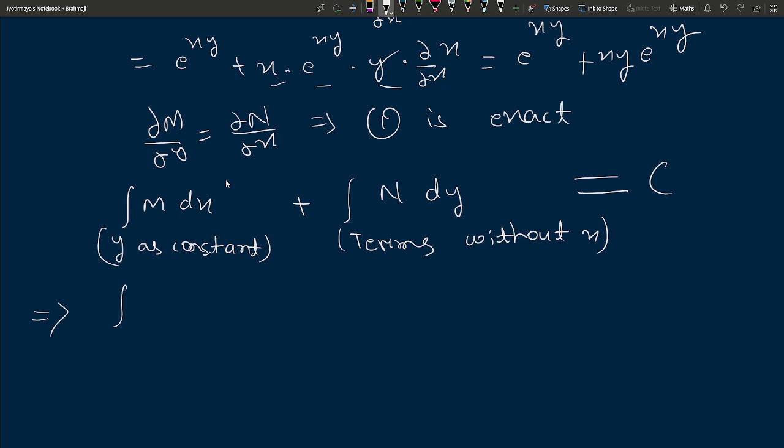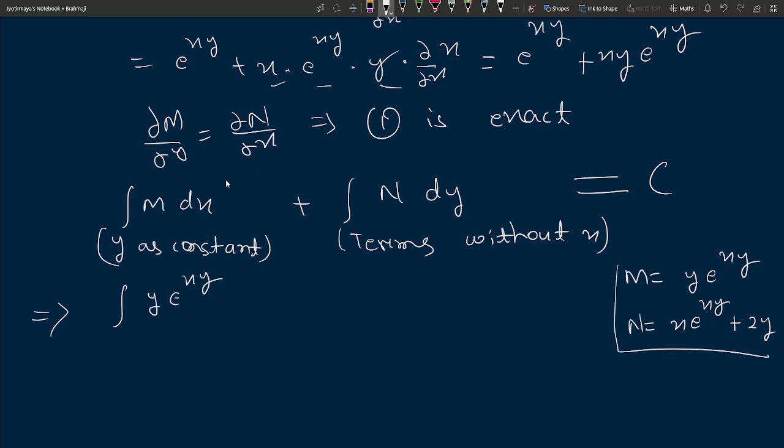Integration of m. What is m? M is y into e to the power xy, and n is x into e to the power xy plus 2y. This is your m and n. Now m is y into e to the power xy.